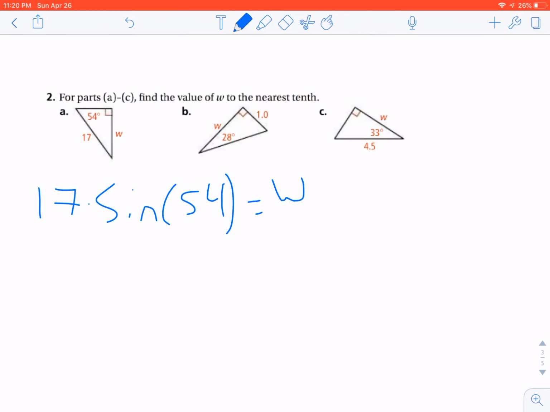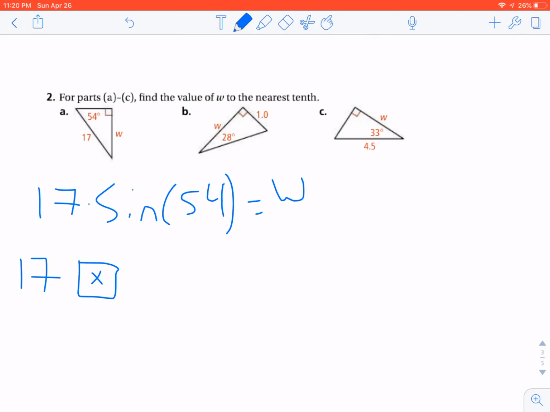So once you're in degrees, all you need to do is type in exactly what you see. Type in 17, the multiplication button. Your trig functions are located two rows above your 7, 8, and 9 keys: sine, cosine, tangent.